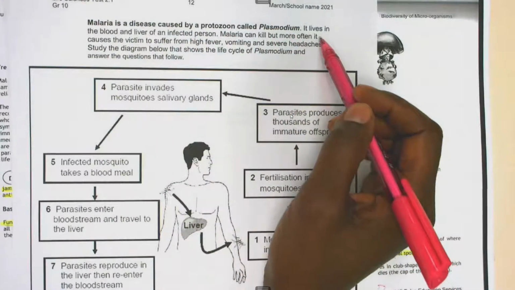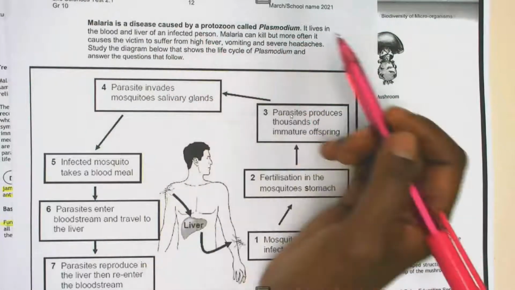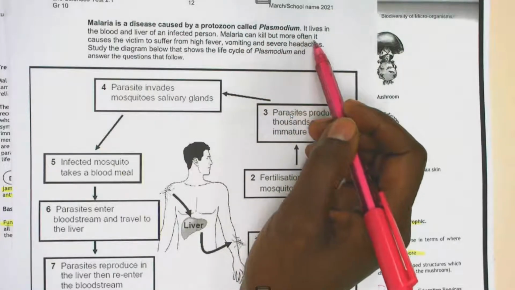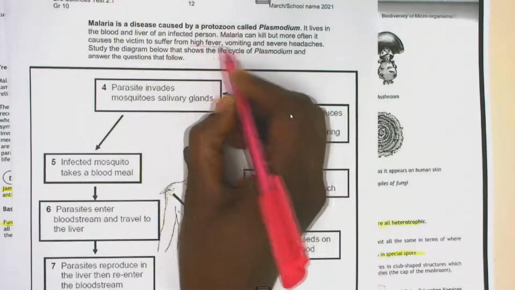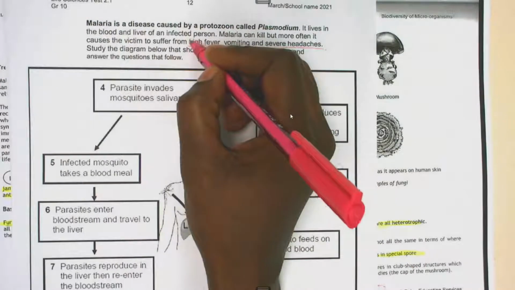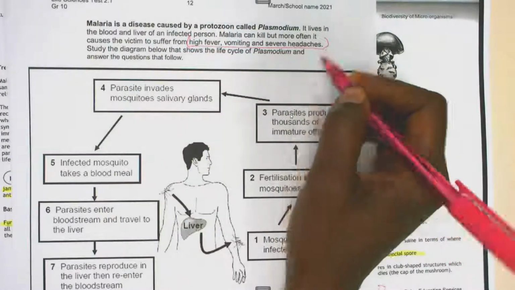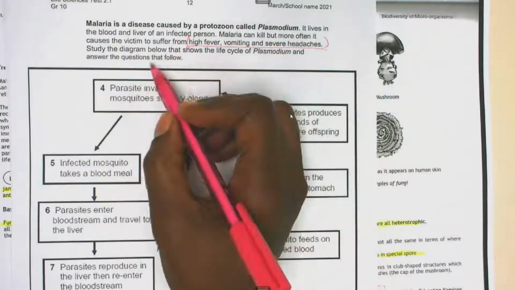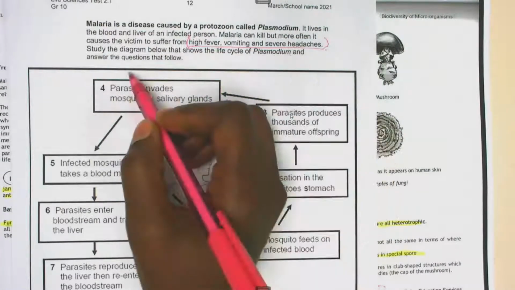It lives in the blood and liver of an infected person. Malaria can kill, but more often it causes the victim to suffer from high fever, vomiting, and severe headaches. So these are the symptoms of malaria which have been provided in this extract. Study the diagram below that shows the life cycle of Plasmodium and answer the questions that follow.